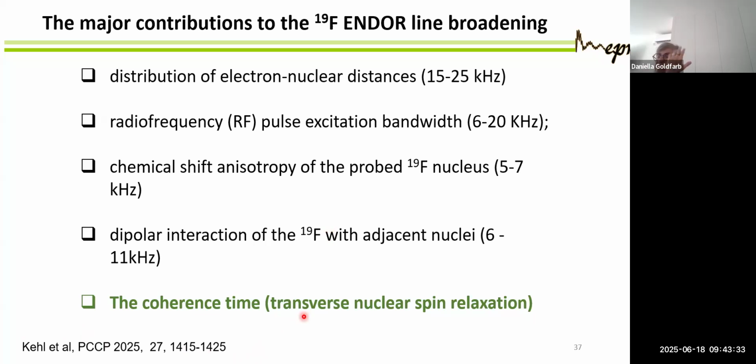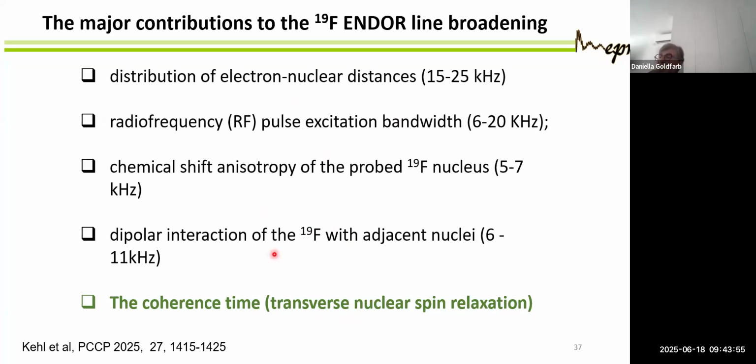And the question is, what is the maximum resolution? This would be determined by the coherence time, the T2 of the electron. And the question is, what is the T2 of the electron, and is it something important, or do all these other things just override it?